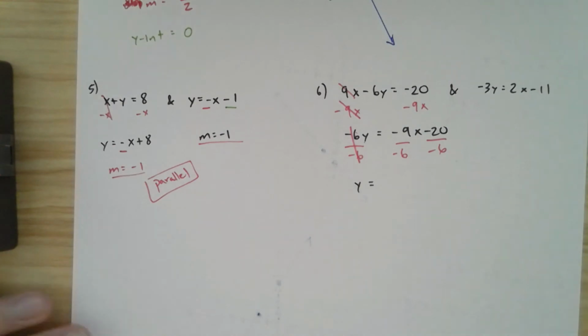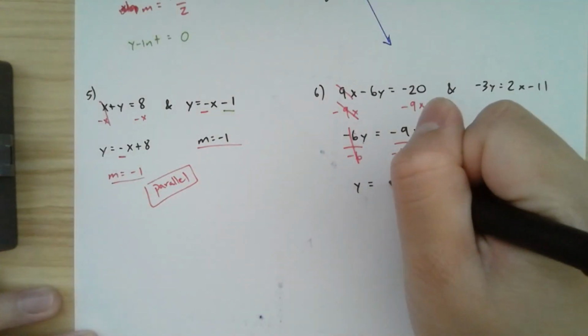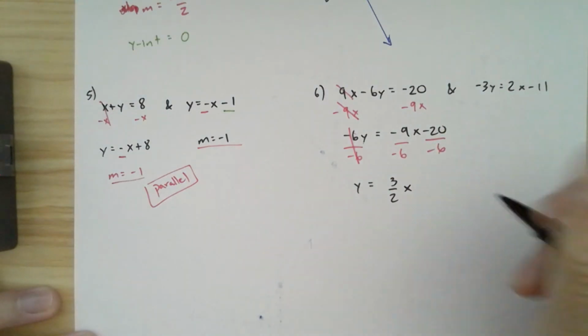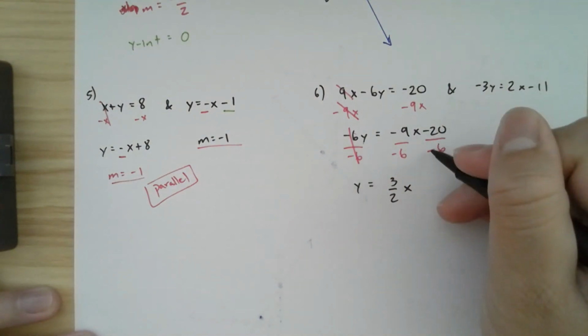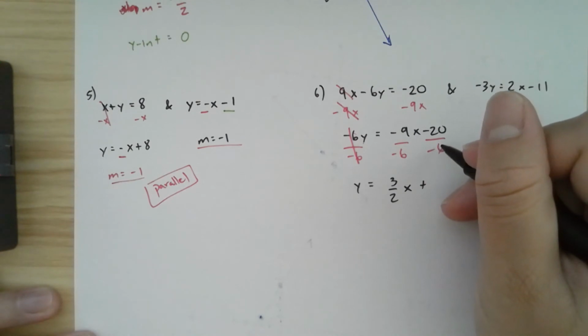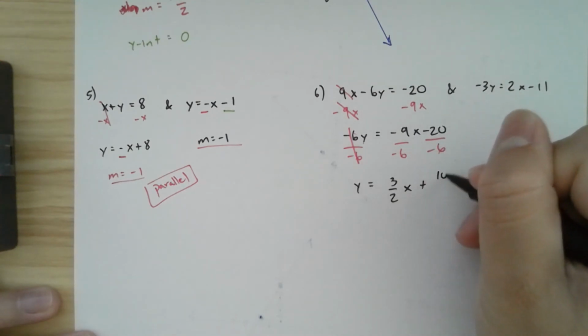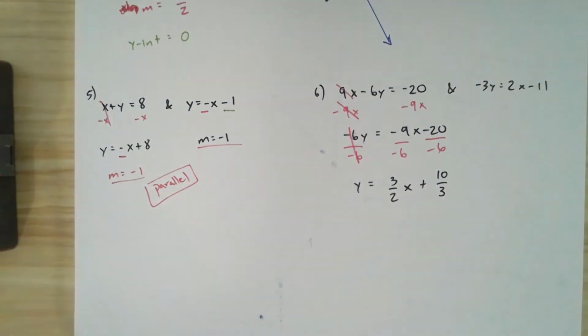Here I have a negative and a negative, so this will be 3 over 2x, and then negative over negative, so positive 20 over 6. 2 goes into both of them, so that'll be 10 over 3.